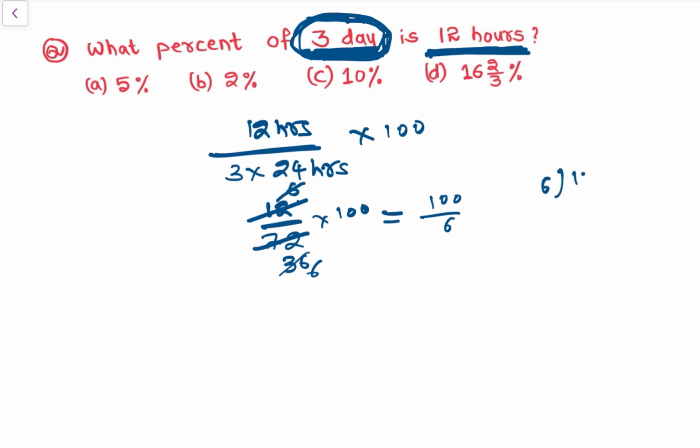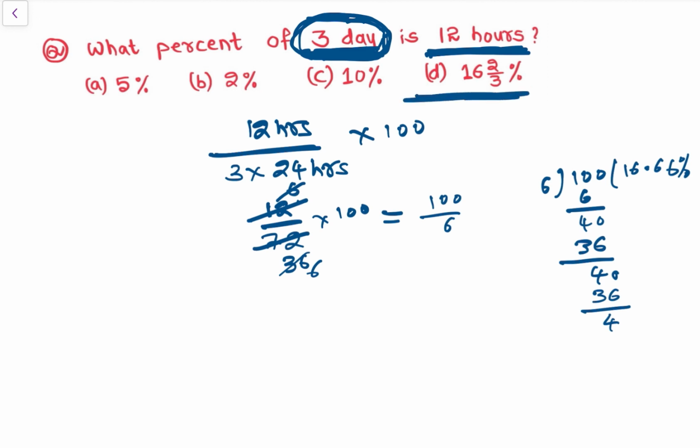So 6 ones are 6, 4 0, 6 6s are 36, so 4.0, 6 6s are 36, so on a repeat होता रहेगा. So 16.66%.